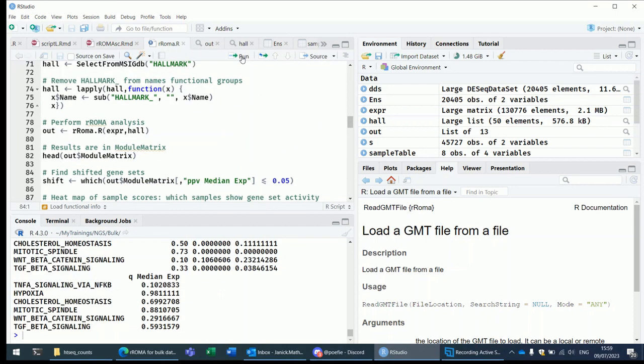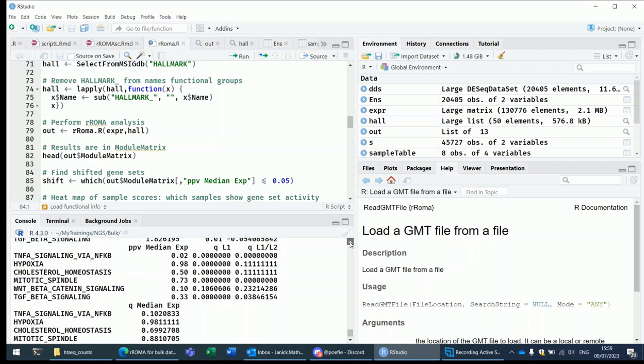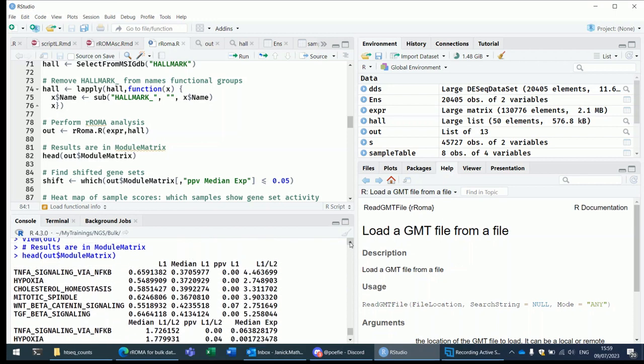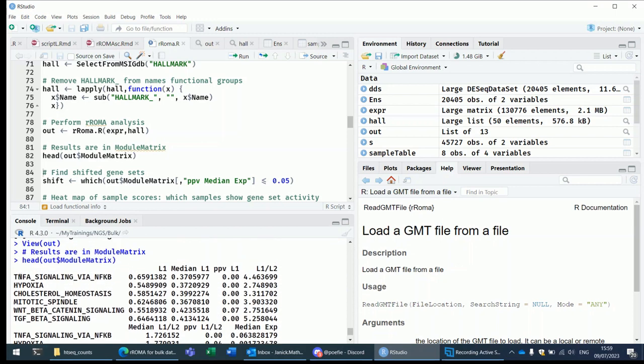What does it contain? Well, for every gene set, these are all gene sets, for every gene set, it contains a number of measures that he has calculated. So what are the important measures here? Well, L1 is an important measure.